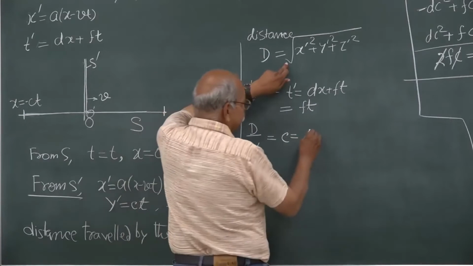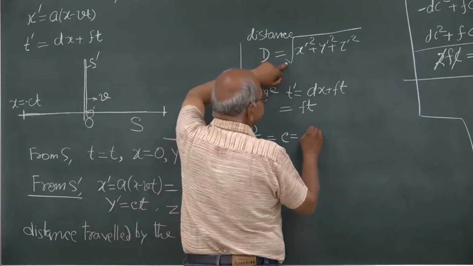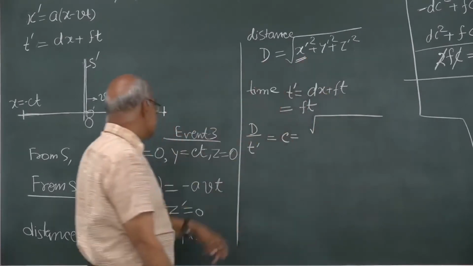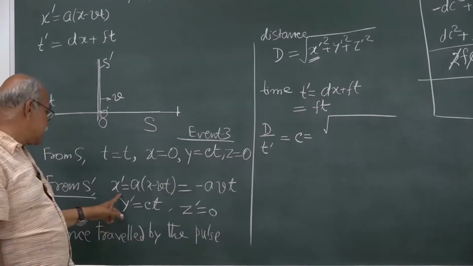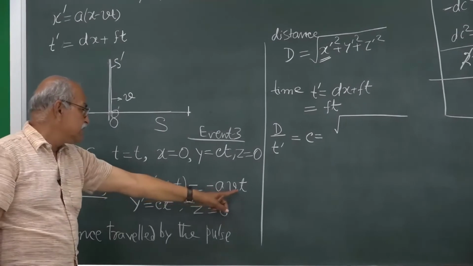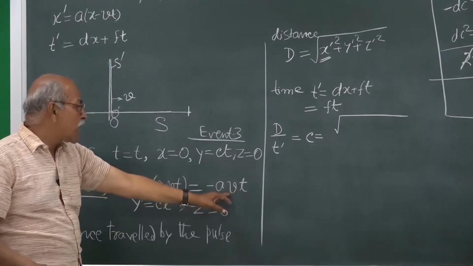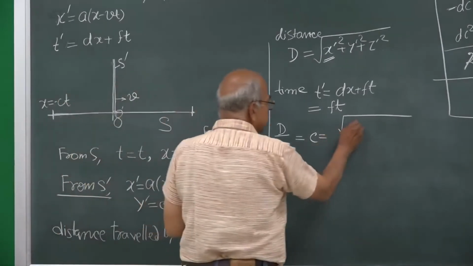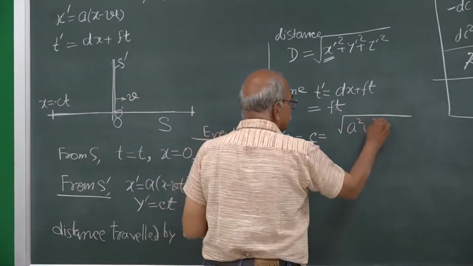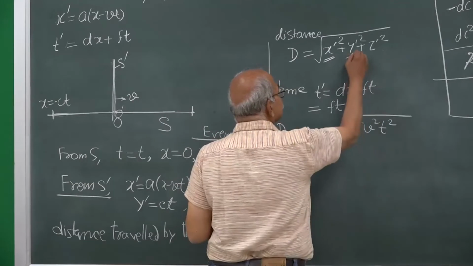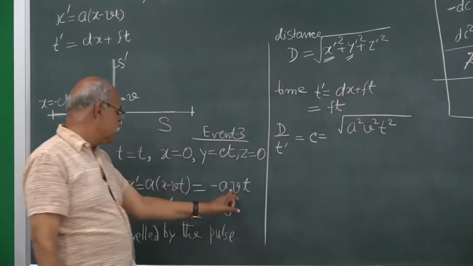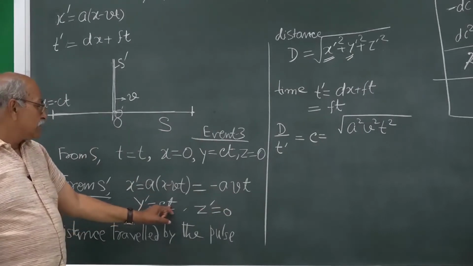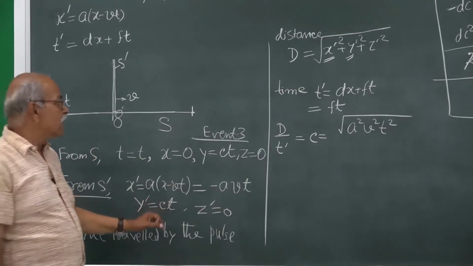And that should be the square root of, what is x prime? X prime is minus a v t. So, x prime square is a square v square t square. What is y prime? Y prime is c t, so y prime square is c square t square.